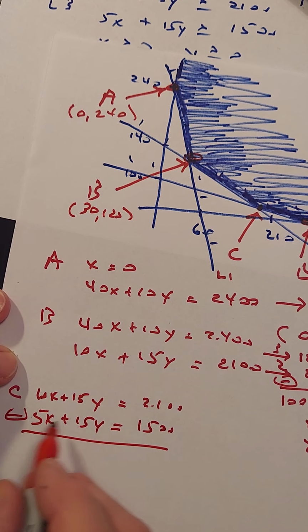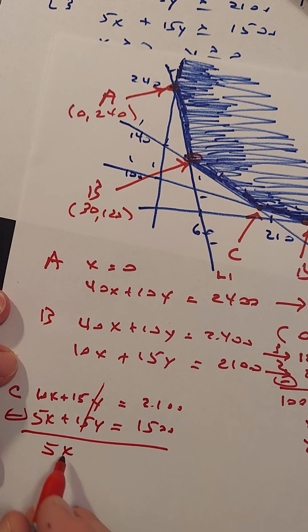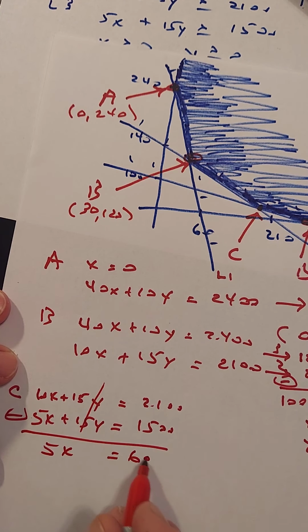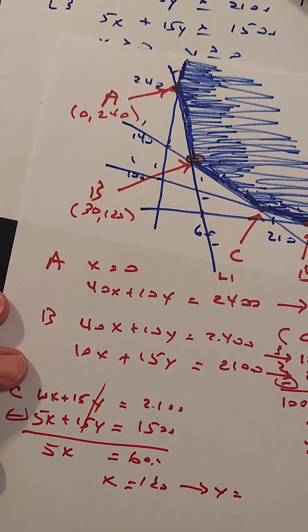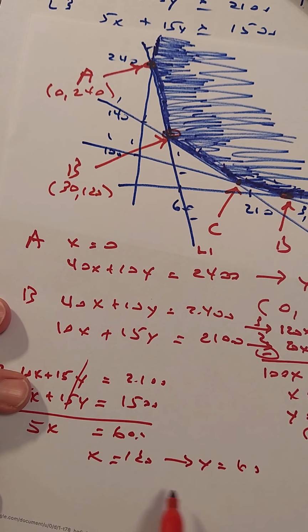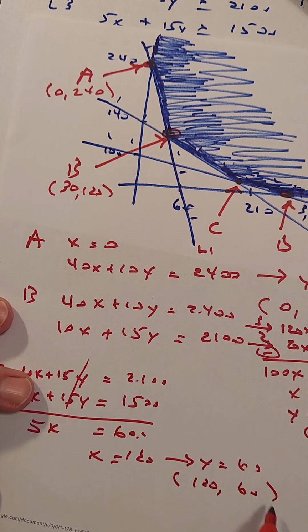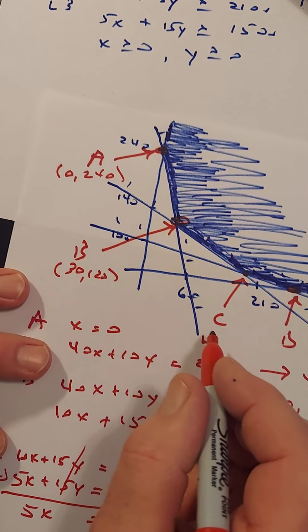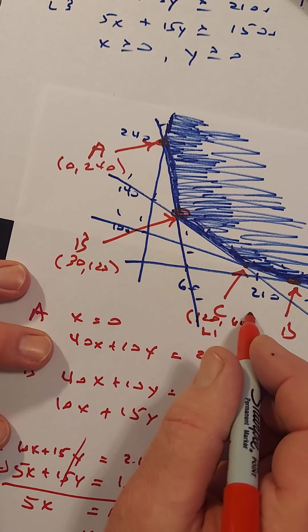I can subtract these because the y terms are going to drop out. 10 minus 5 is 5x equals 600. X is equal to 120. If you plug back in, y is going to be equal to 60. So that's the point 120, 60. Up here, that's 120, 60.